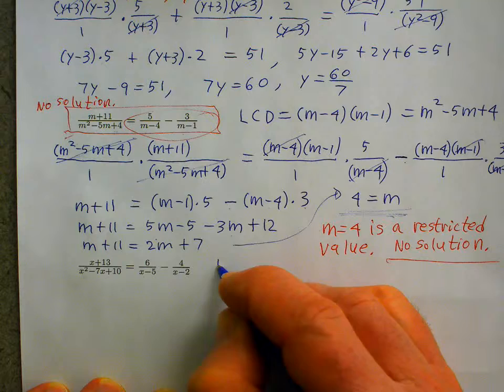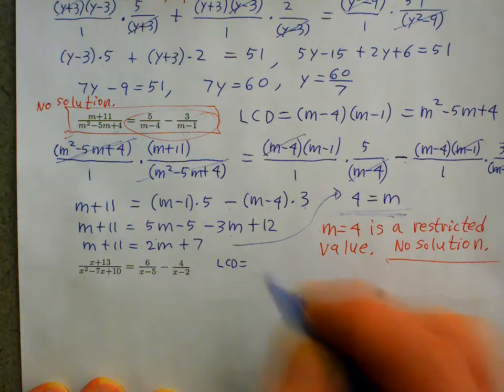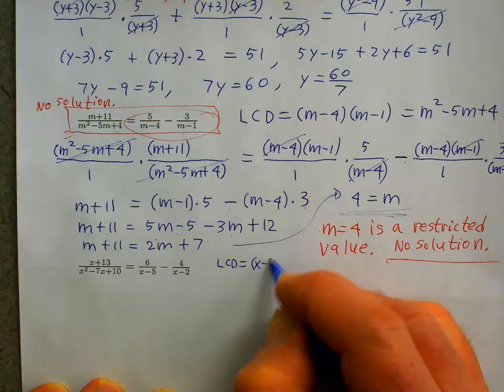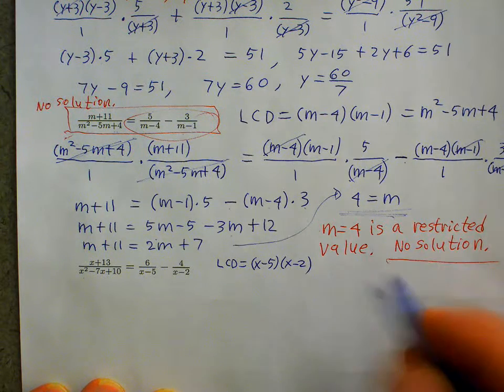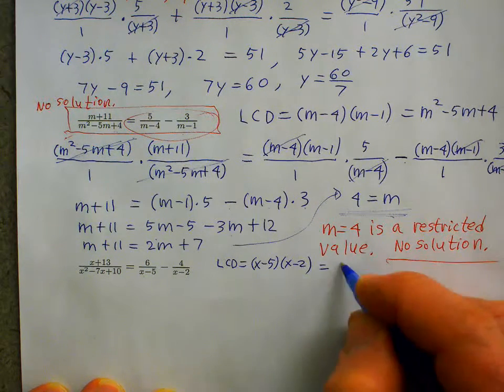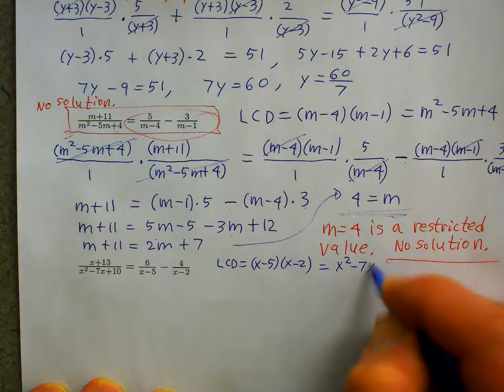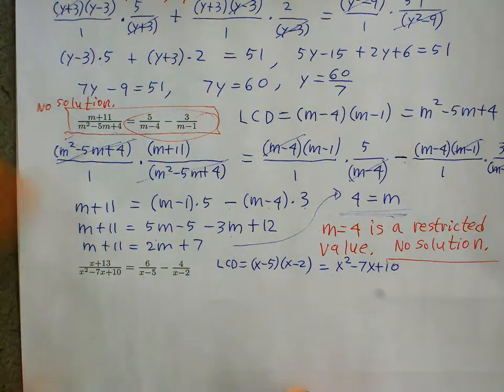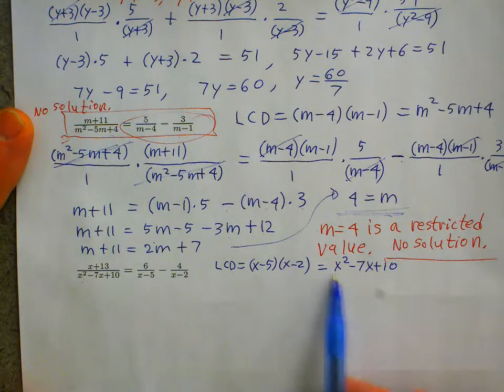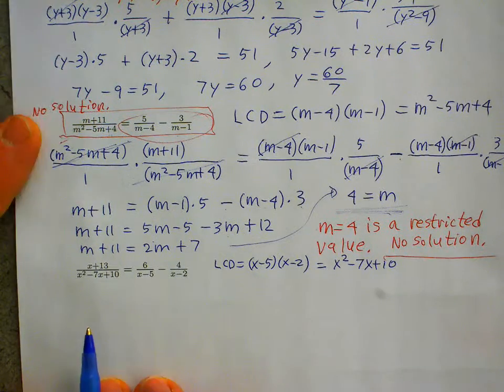So the least common denominator is just x minus 5 times x minus 2. If you expand it, multiply those, you get x squared minus 7x plus 10. Okay, so we will multiply every term on both sides by the least common denominator.